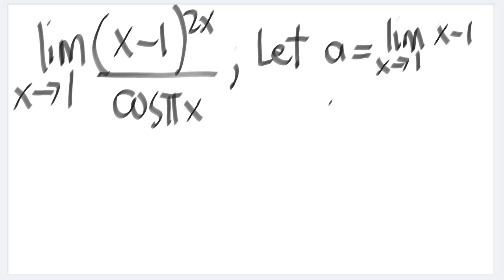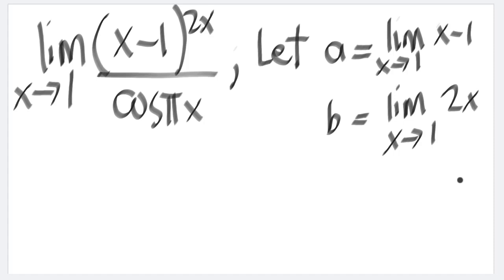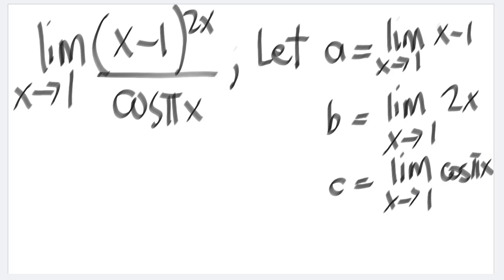Okay, let b be equal to the limit of 2x as x approaches 1, and c is equal to the limit of cosine pi x as x approaches 1.